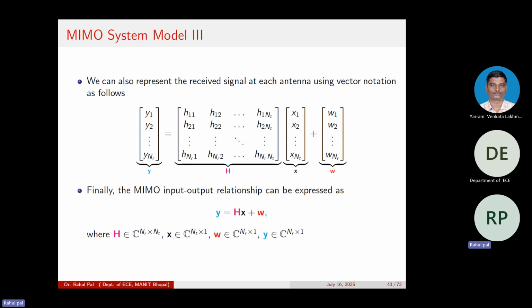Now x is the transmitted signal vector. There are NT transmit antennas, so the transmit signal vector should be NT cross 1. W is the AWGN vector of dimension NR cross 1, because the noise is added at the receiving side. Y is also NR cross 1.